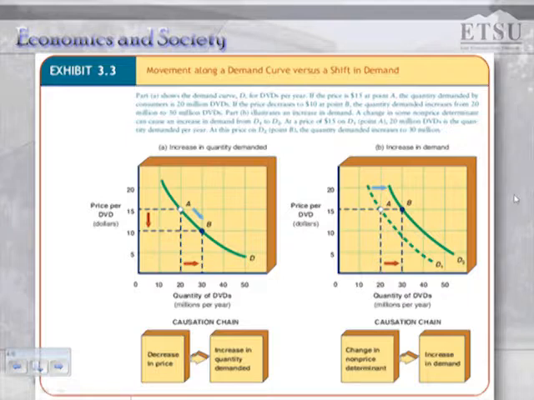Something causes demand to increase, then at that same price of $15, there will be a 10 million unit increase in the quantity demanded. Demand shifts to the right, and at a price of $15, consumers demand 30 million instead of 20 million.